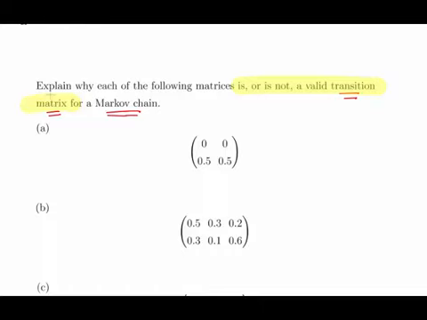So in the first instance, is it a valid transition matrix? Well, one thing we look out for is the fact that it should be a square matrix, which is to say n by n. That is actually valid in this case, okay? Not in this case down here. So we'll do A and B together.